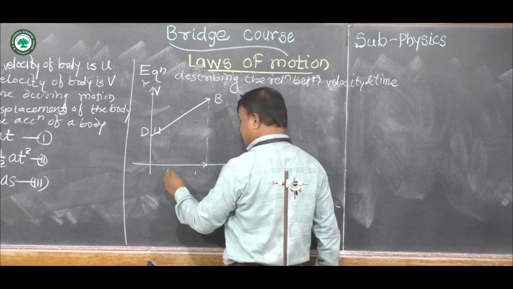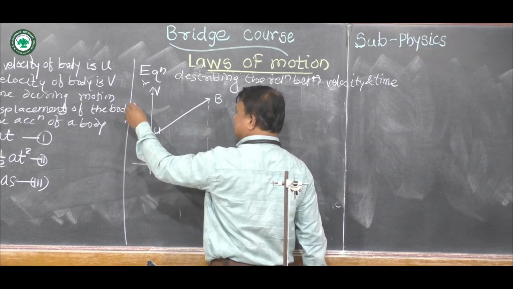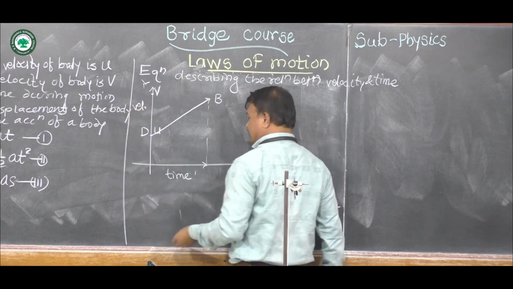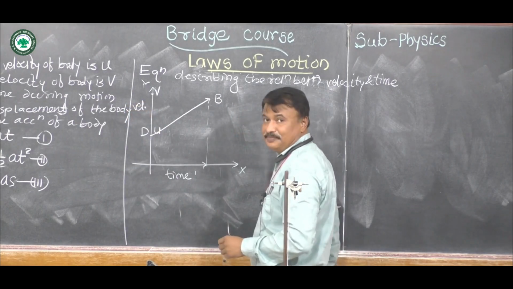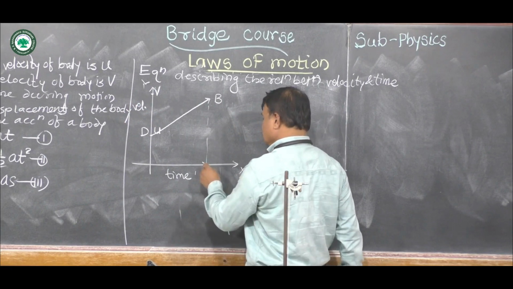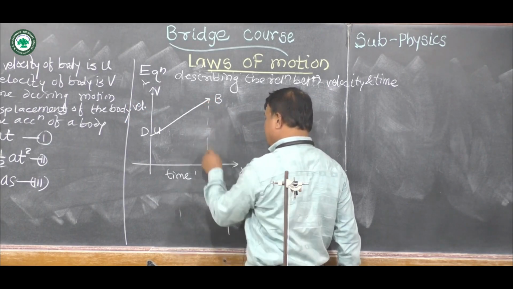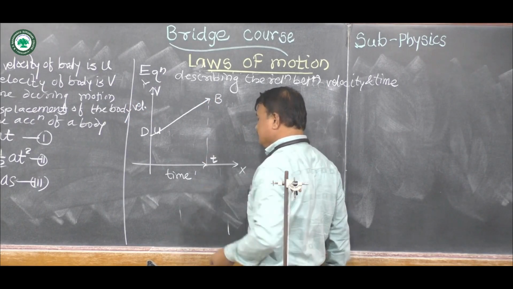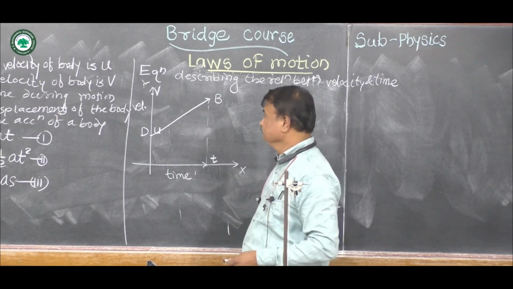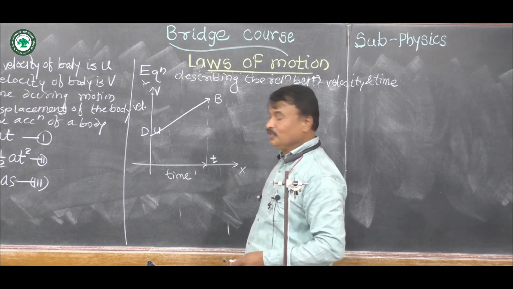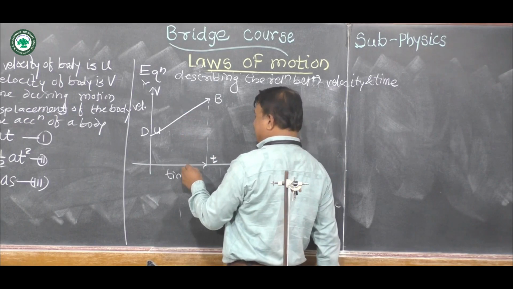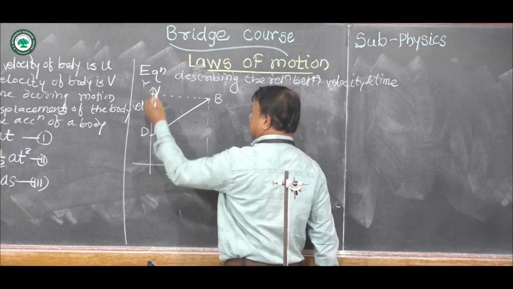So along y-axis there is velocity and along the x-axis there is time. When it reaches point B, then time is t. Now we draw a parallel line to the x-axis like this one.